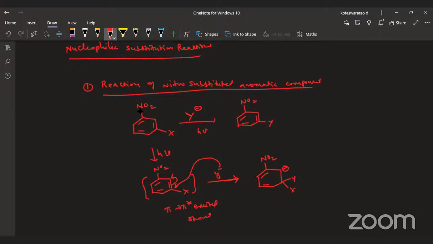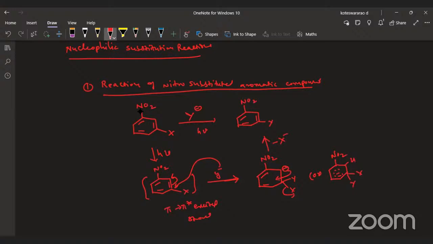This negative charge is distributed over all 6 carbons in such a way that we can show this as an anionic intermediate or Meisenheimer complex with negative charge. Then the negative charge is donated back, and this X will be eliminated as X minus. Then it leads to the formation of the substituted product.